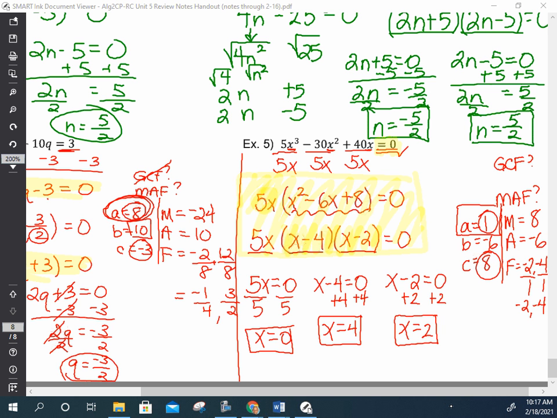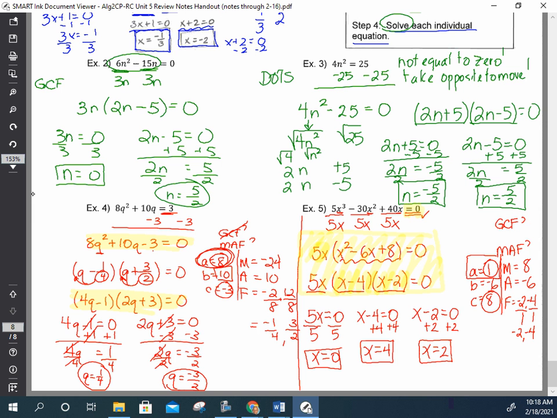Any questions? Example number 5. Last example, solve equations by factoring. So you have to know how to factor if you're going to solve an equation by factoring.